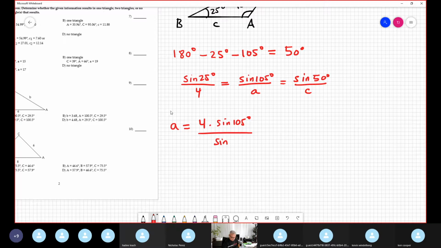I put it in my calculator, and the answer is 9.14. Likewise, C is multiplication of this times this divided by this. C is equal to 4 times sine 50 divided by sine 25. And the answer is 7.25.